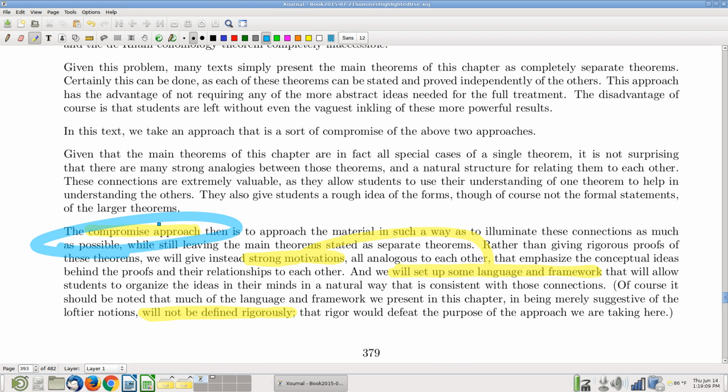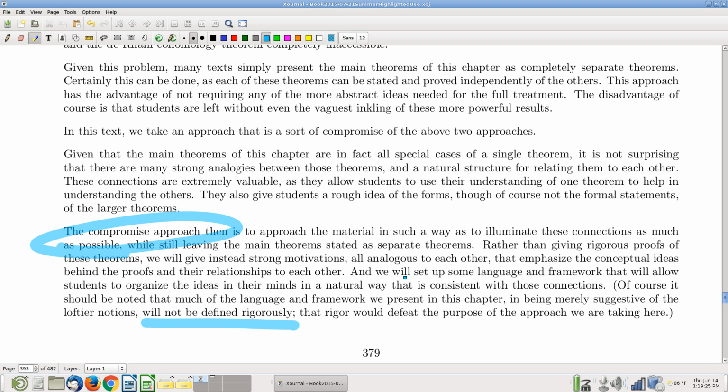compromise approach is to I'm going to set up a bunch of sloppy language. And I'm going to not define anything rigorously in this chapter, right? This isn't the context for that, Math 212.